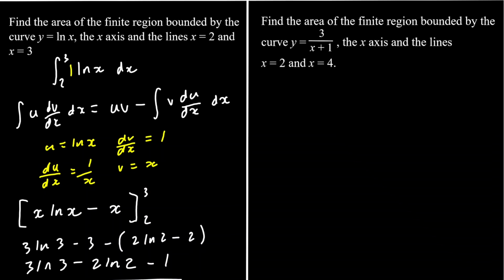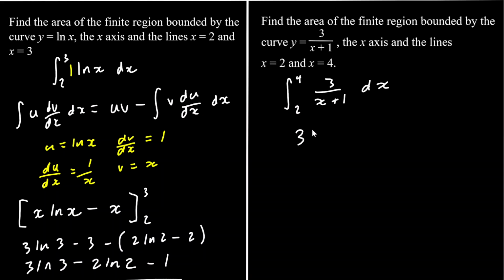Find the area of the finite region bounded by the curve y equals 3 over x plus 1, the x-axis, and the lines x equals 2 and x equals 4. That's the integral between 2 and 4 of 3 over x plus 1 with respect to x. When we integrate something to the power of negative 1, or 1 over x, it goes to a log.